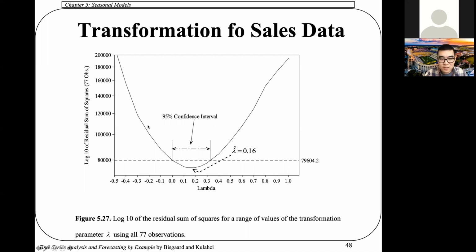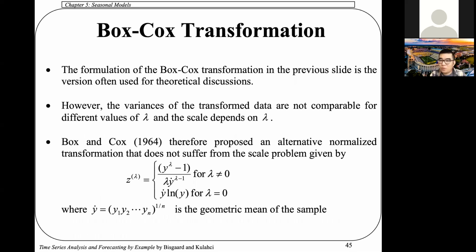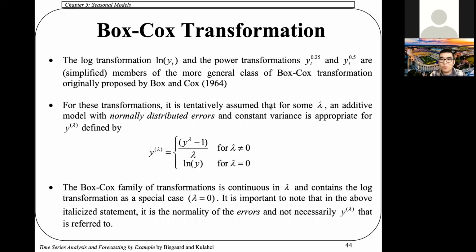You can see this quadratic graph, and this is the lambda that has the smallest sum of residuals. Now this optimal lambda, which is equal to 0.16, is different from what we used.